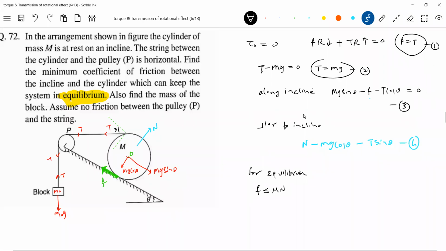I think solving these equations, substitute 1 in 3. T is equal to F will come. So put 1 in 3, solving for F, I'll end up with the equation mg sine theta by 1 plus cos theta. This is m naught.